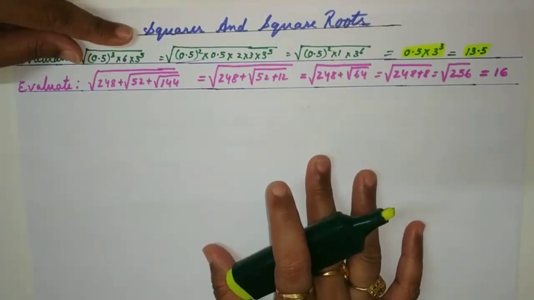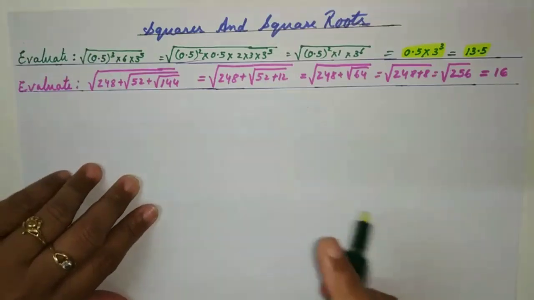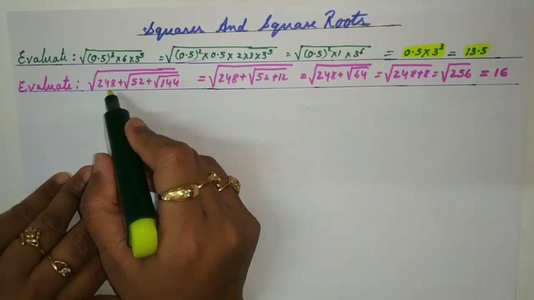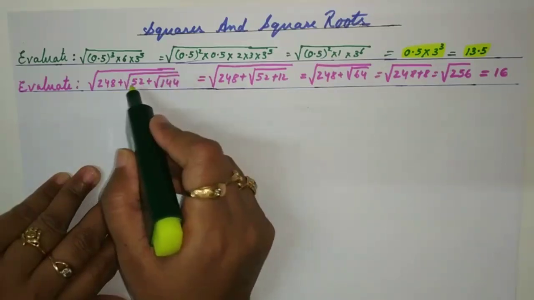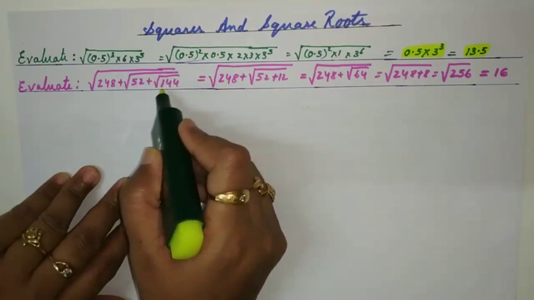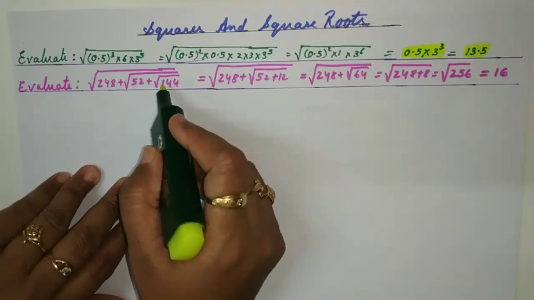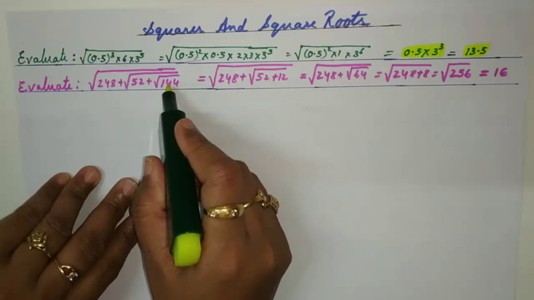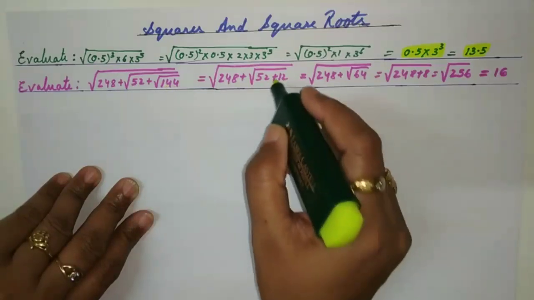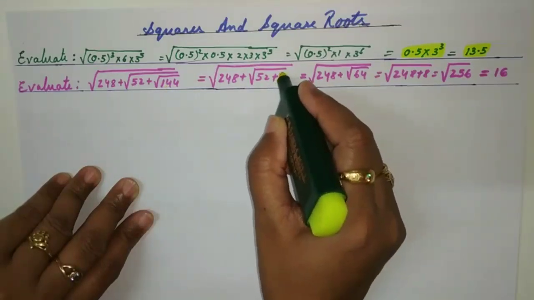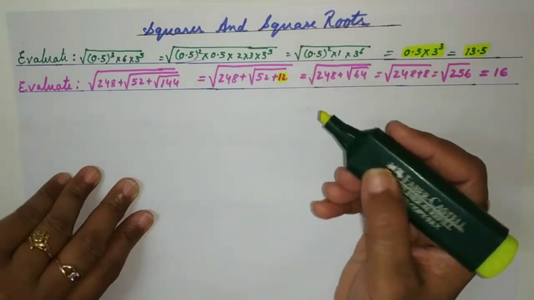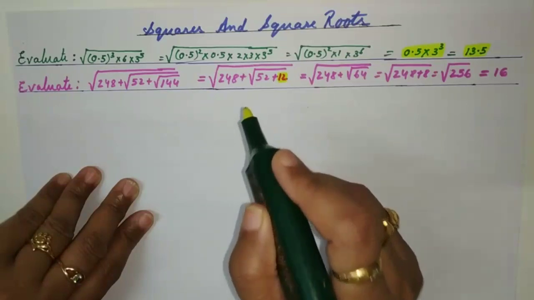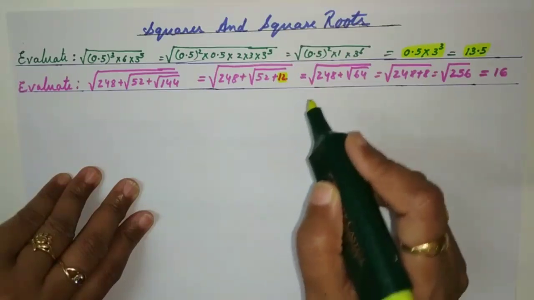Now the next question. This question is under root 248 plus under root 52 plus under root 144. So 1 by 1 we have to solve. First it is 144 and we all know that 12 into 12 is 144. Let me repeat, learn the squares of number 1 to 30 please.